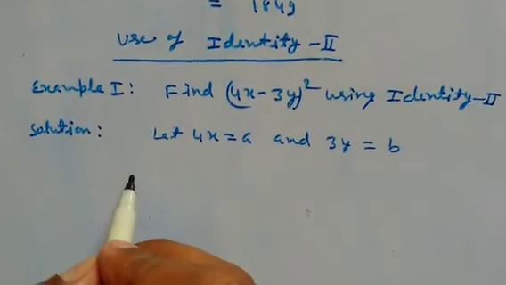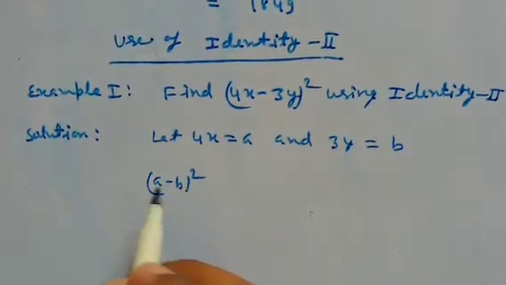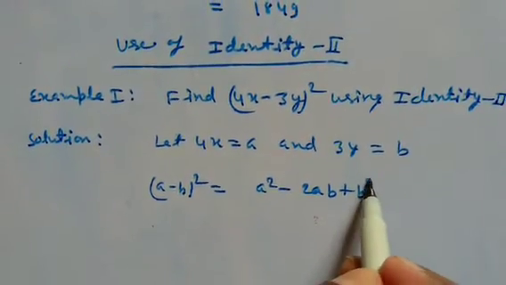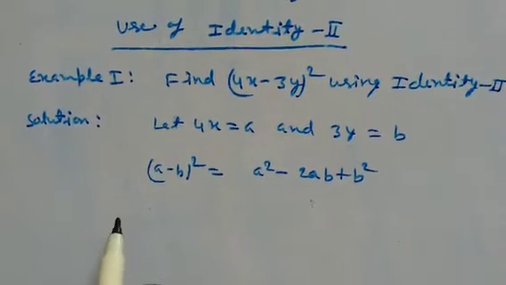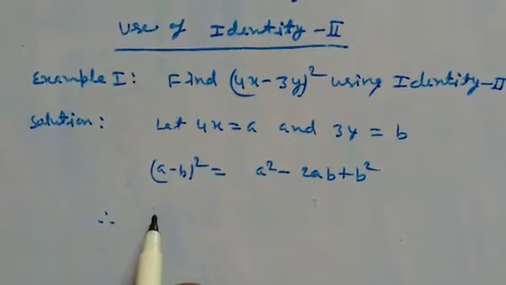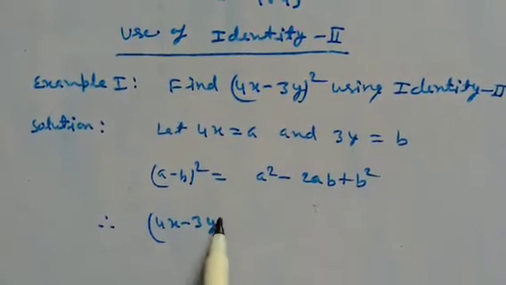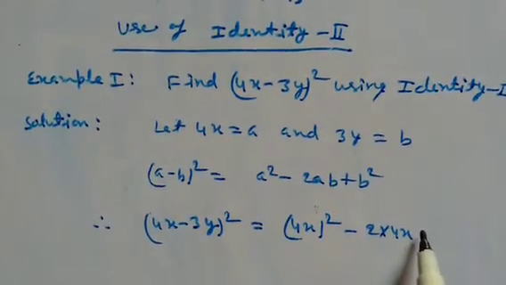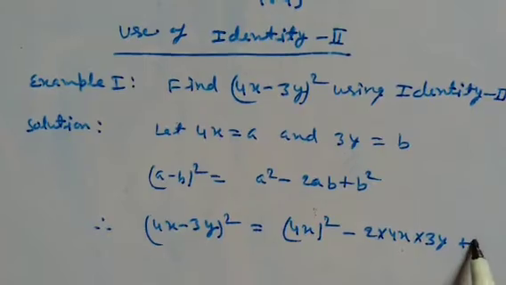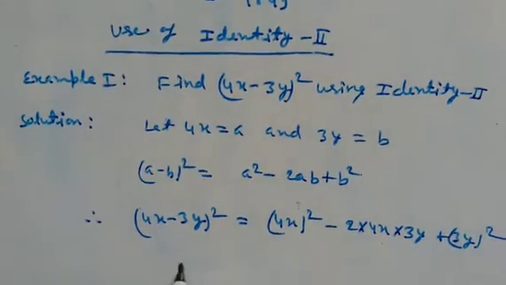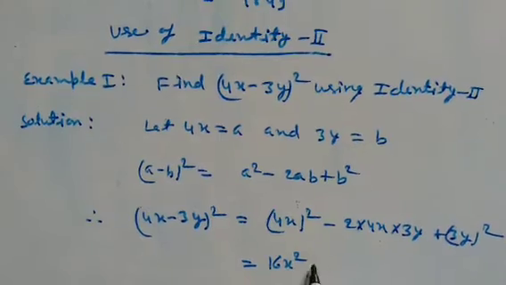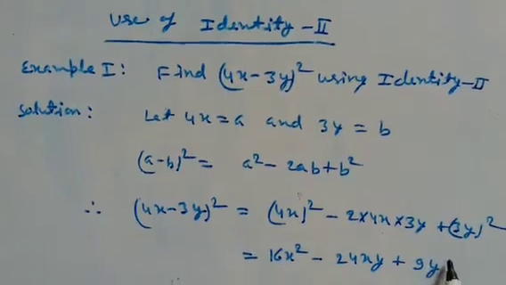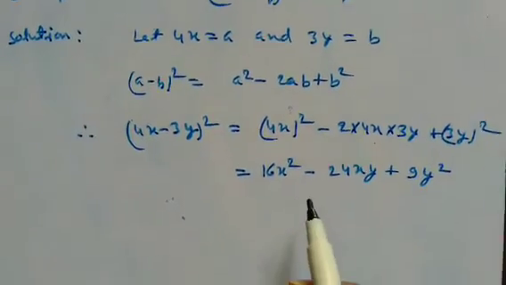Therefore, (a minus b) whole square equal to a square minus 2ab plus b square. This is identity 2. So (4x minus 3y) whole square equal to (4x) square minus 2 into 4x into 3y plus (3y) square equal to 16x square minus 24xy plus 9y square. This is our answer.